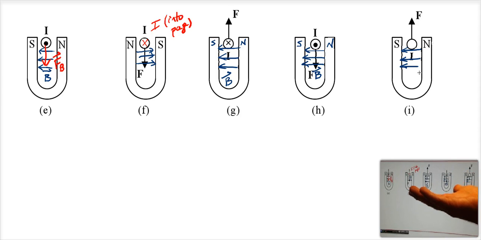Your palm is upwards, and what you'll notice is your thumb will have to be pointing into the screen for you to have a force upwards and field to the left. And that means our current is going to be into the screen. So I is into page. And that's it for this example.